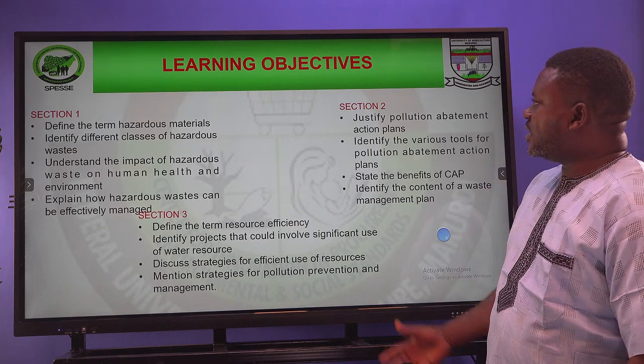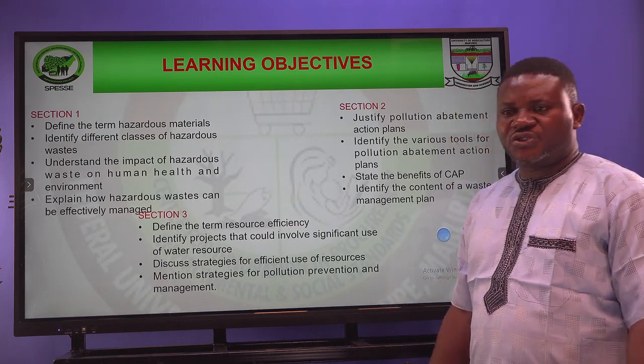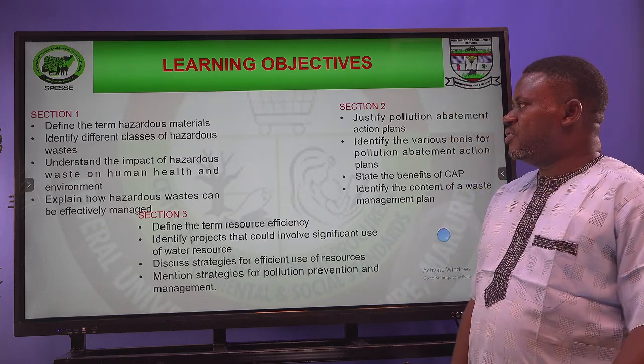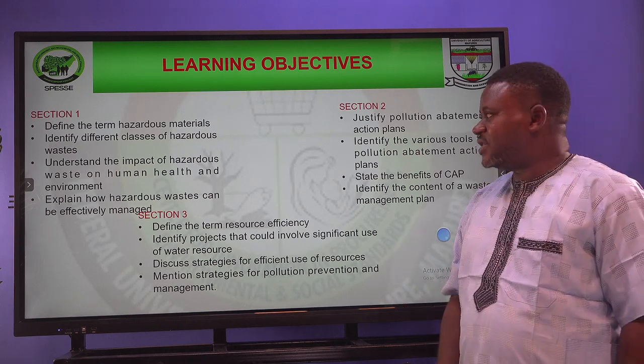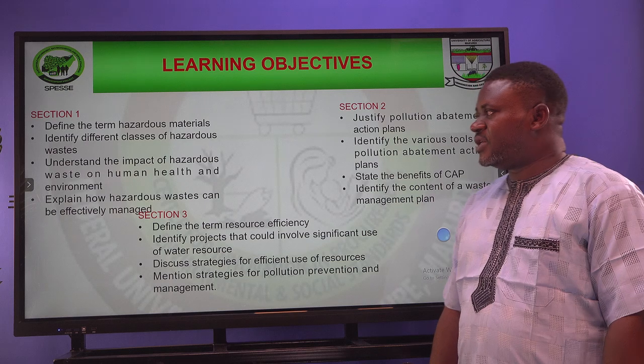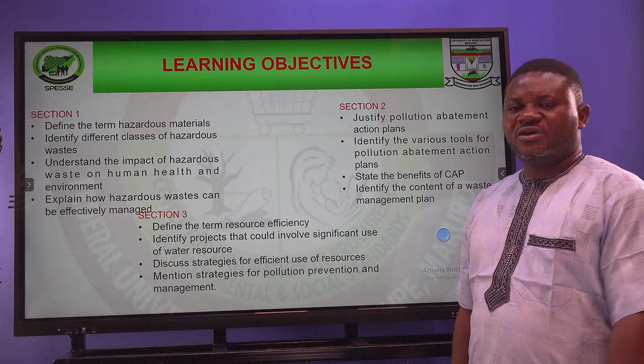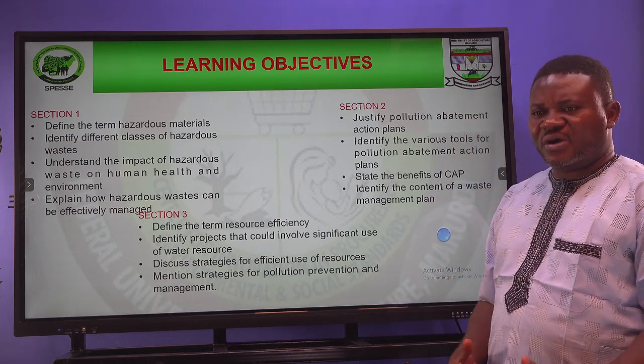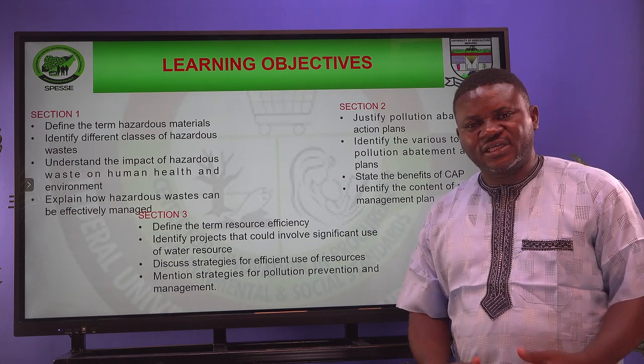So the learning objectives are as follows for section 1. You should be able to define the term hazardous materials, identify different classes of hazardous waste, understand the impact of hazardous waste on human health as well as the environment.